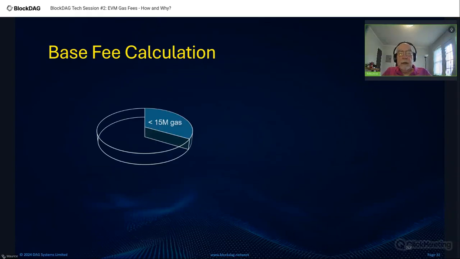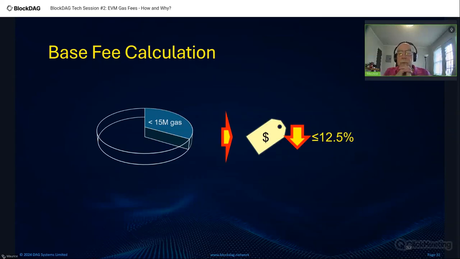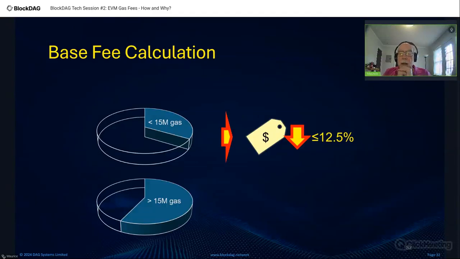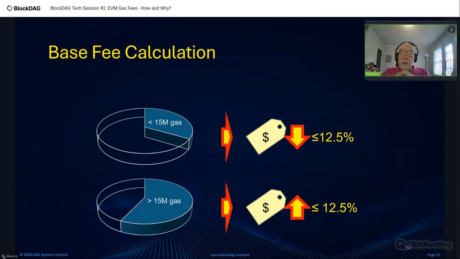So here's how we compute the base fee. If the last block has less than the ideal, less than 15 million, then the base fee will go down by a maximum of 12.5%. That's 1/8. And I'll give you the exact formula in a minute. But if the blocks are not being filled, then of course we lower the price to make it more attractive. If the blocks are more than half full, that means that we're coming under stress, and we want to slow down the rate at which transactions show up.